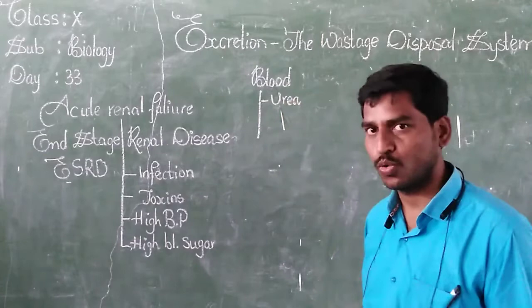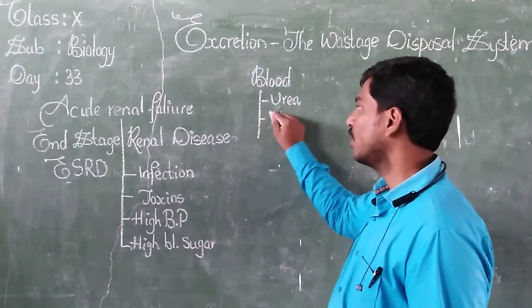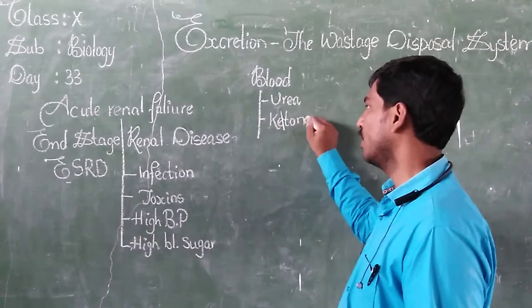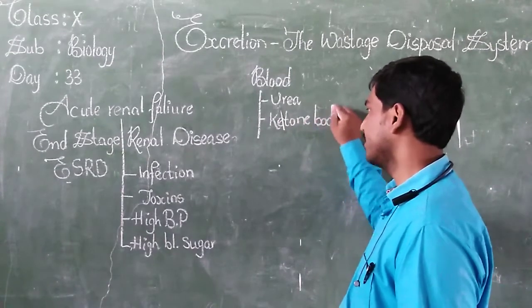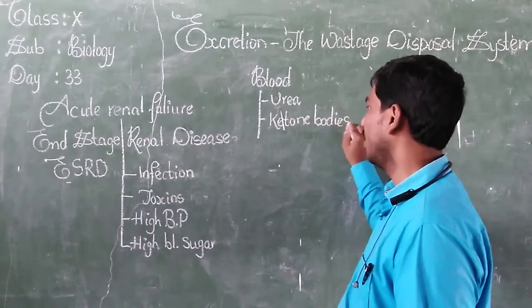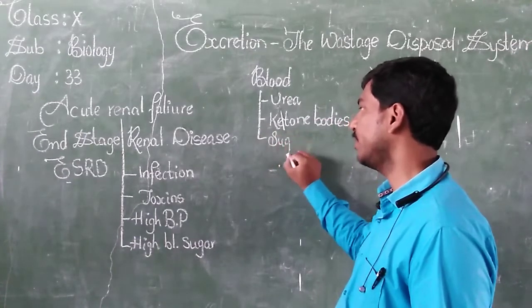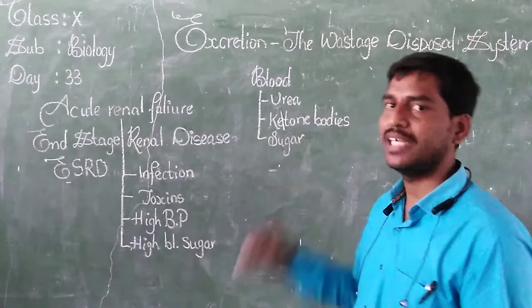If urea is more in the blood, or even some ketone bodies, if they are in excess in our blood, or if sugar is high, of course, this may even be an indication of diabetes.